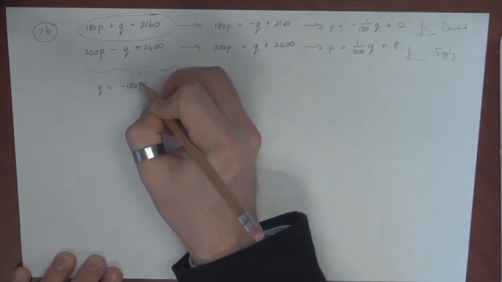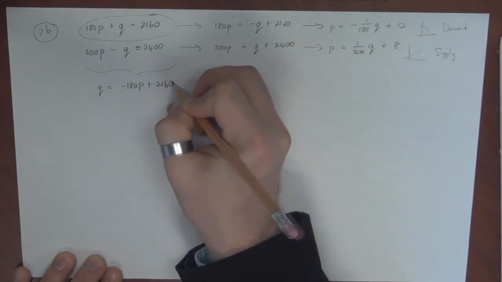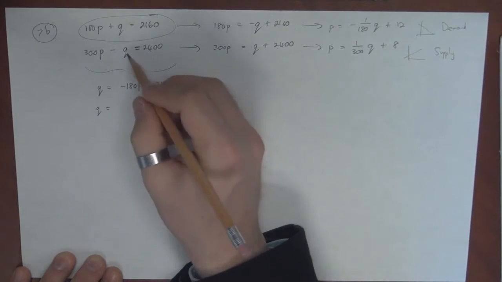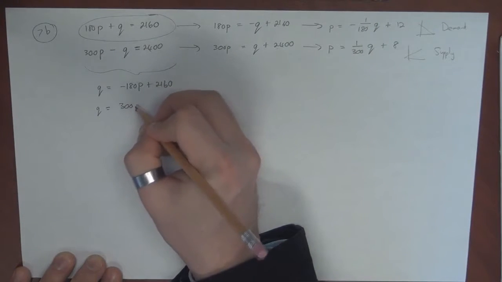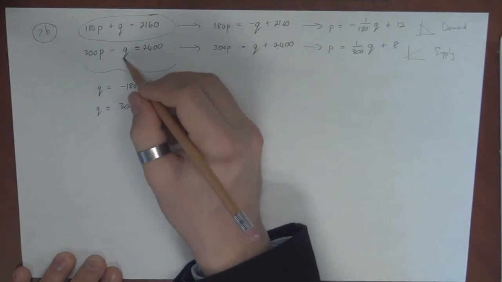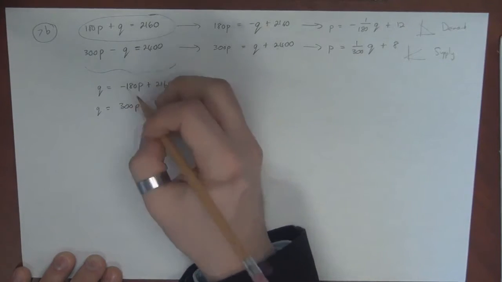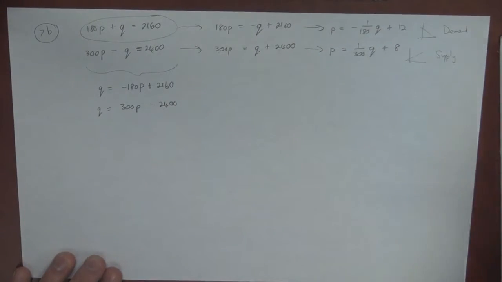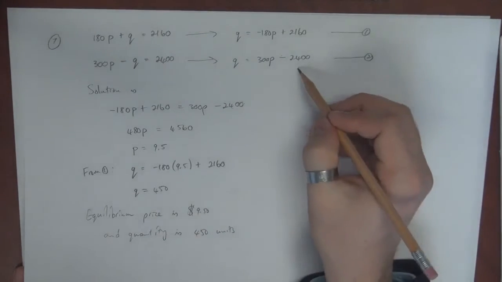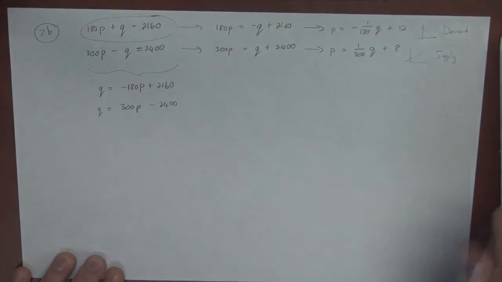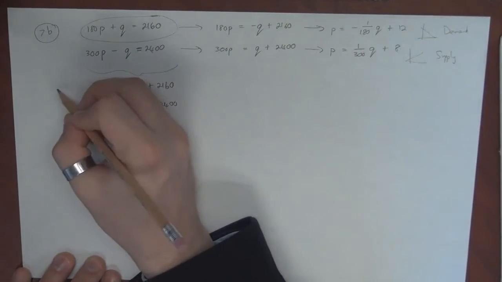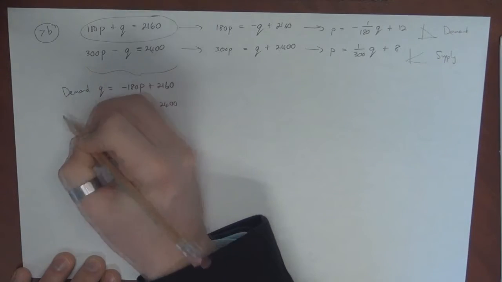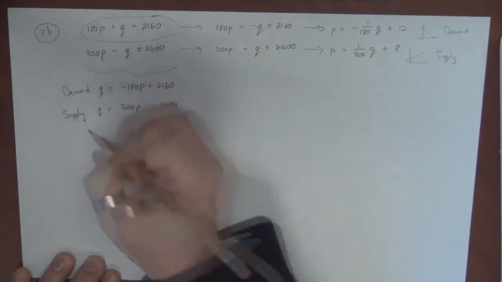Negative 180p plus 2160, and Q equals 300p minus 2400, the same as what we had before. So the first one is demand, and this is supply.